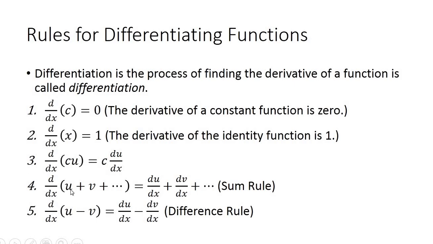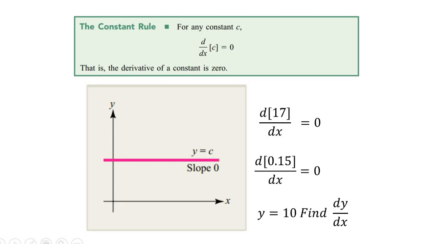If you are adding different functions, for example u and v, it is the same as distributing the derivative sign. This is called the sum rule. Likewise, the difference rule: if you have two functions being subtracted, you can distribute the derivative sign.